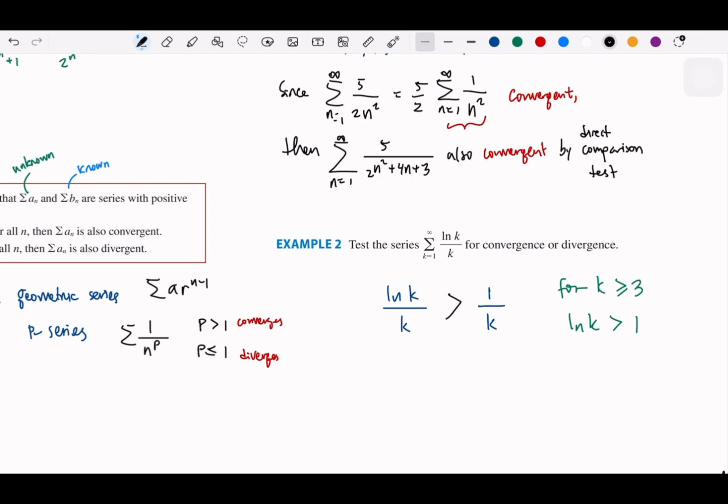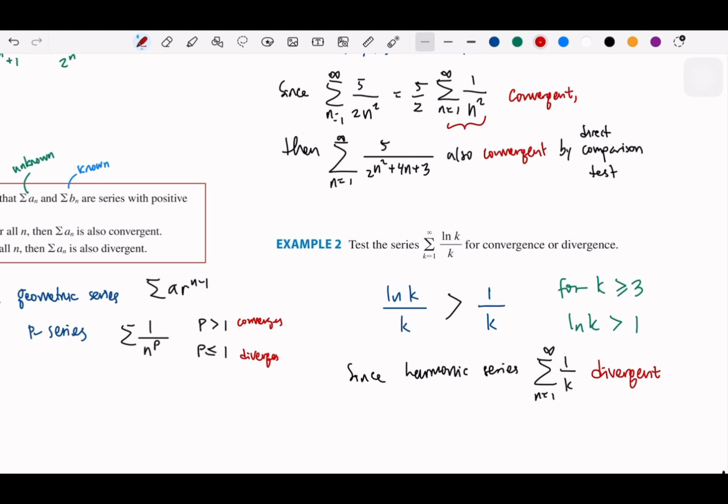Now we know the 1 over k. We could take the series, harmonic series. So since a harmonic series, this will be a divergent. Okay. So now this is divergent.